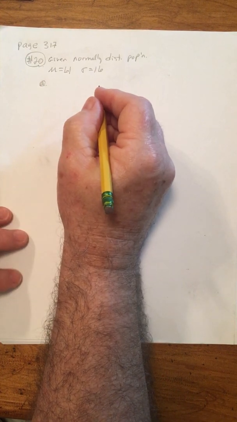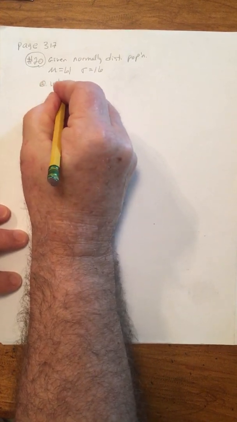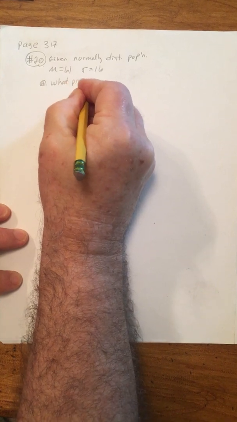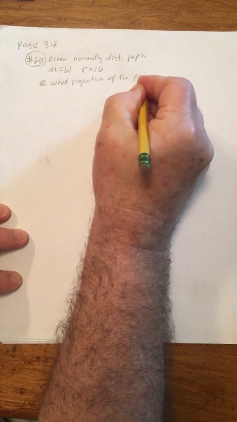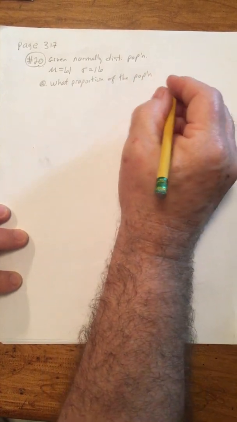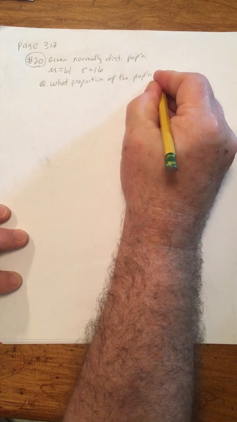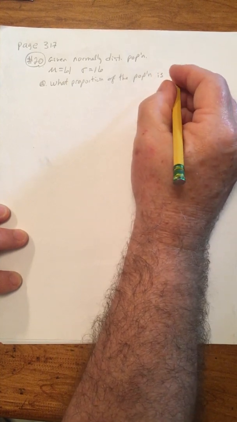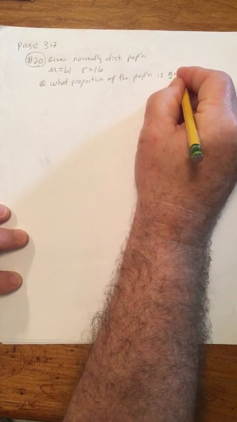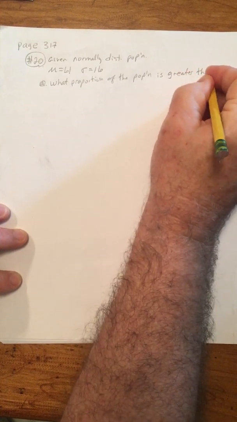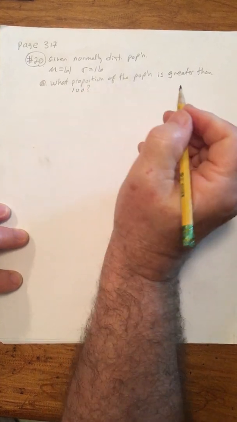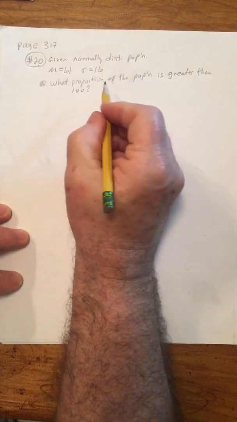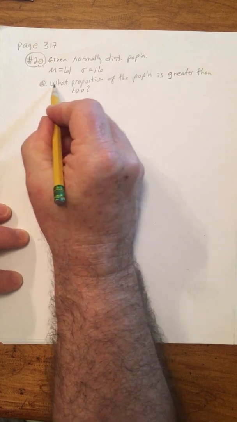And part A says, what proportion of the population is greater than 100.